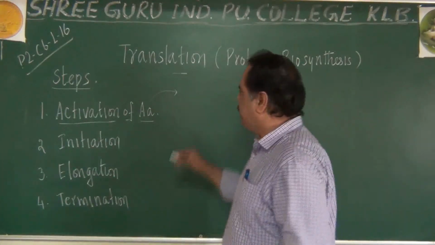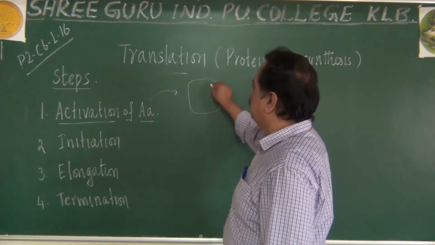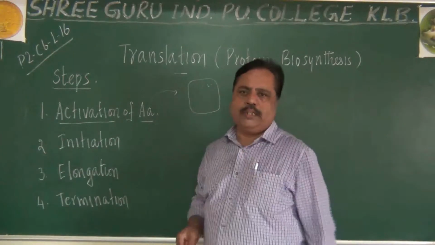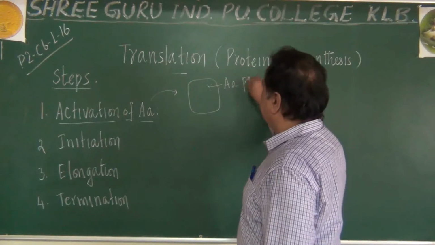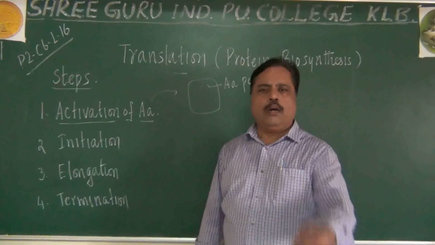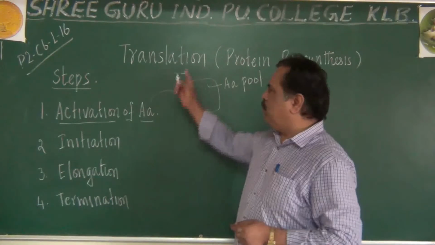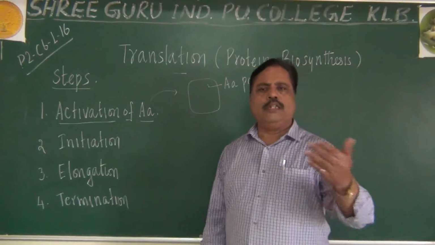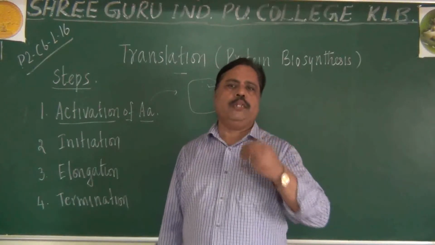Remember one point. These amino acids are available in the cytoplasm of the cell as a pool. Pool means a group of amino acids. This is called the amino acid pool. How do we get amino acids in our cytoplasm? From digestion. Digestion produces amino acids by digesting the protein which we eat.